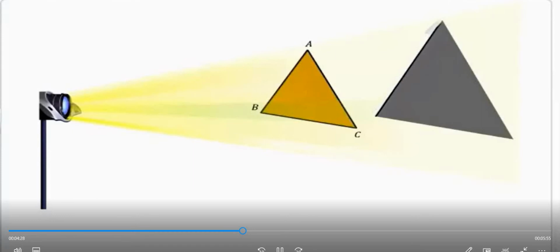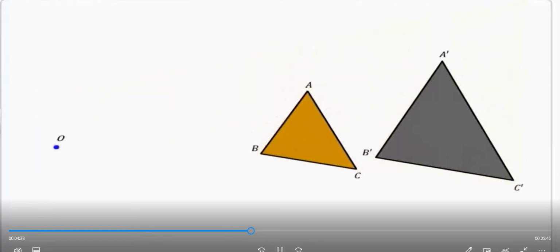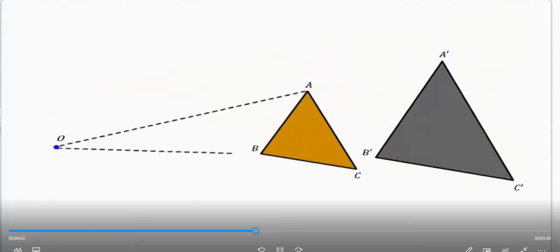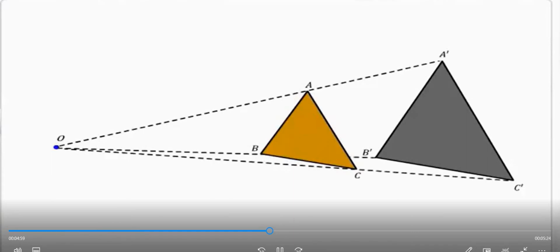Let's mark the shadow of the triangle as A dash, B dash, C dash. Consider the point of the light bulb as O. Draw rays OA, OB and OC originating from point O. If we extend this ray further, we'll observe that A dash lies on ray OA, B dash lies on ray OB, and C dash lies on ray OC.